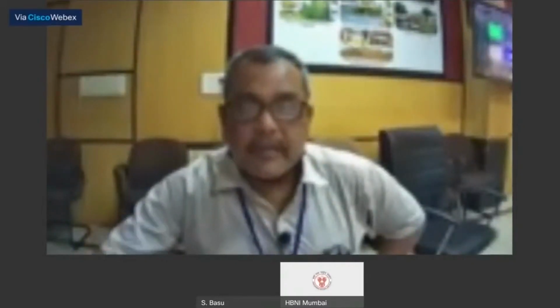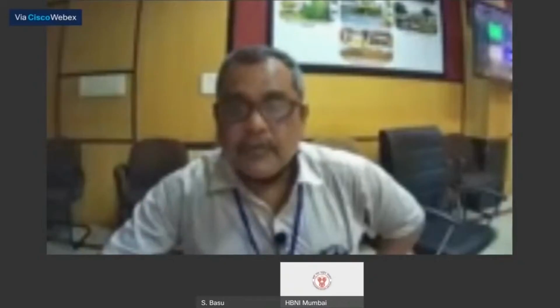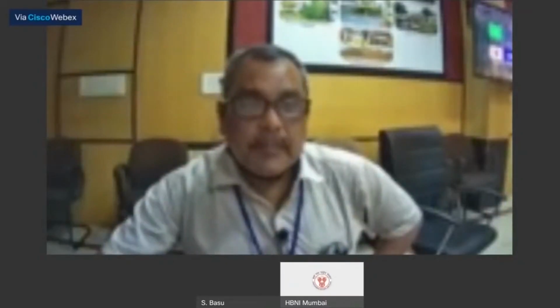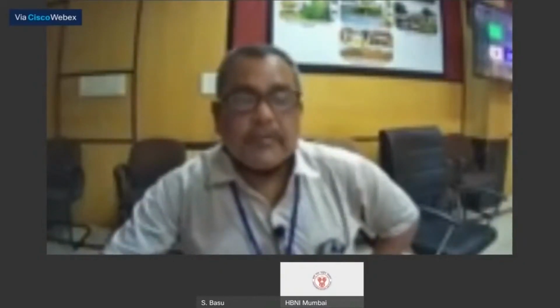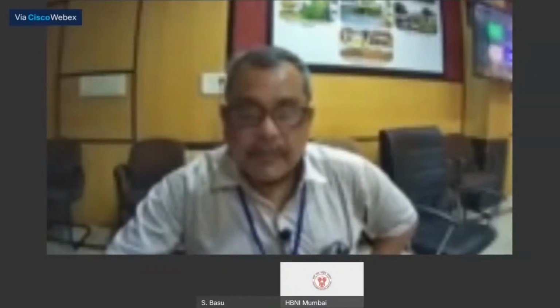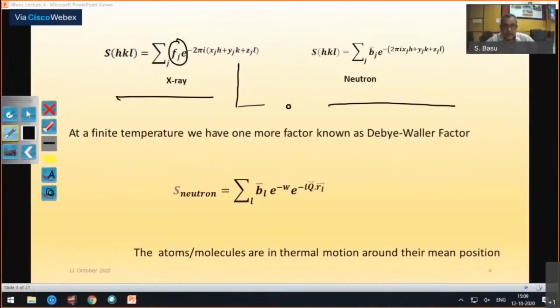For X-rays or for neutrons, they are almost the same except for this term, which is the form factor, which falls off as a function of Q for X-rays, whereas in case of neutrons it is the scattering length, which remains the same versus Q. That's why in case of X-rays you don't see the large angle peaks or the large Q peaks, but in neutrons you can see them.